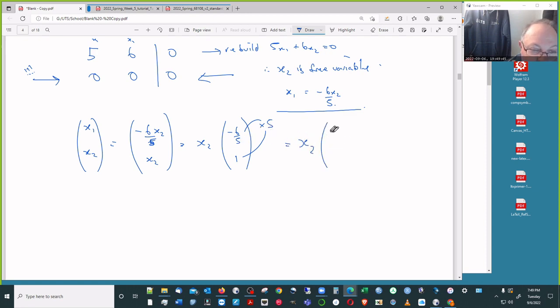Now the 5's will cancel up the top, and 5 1's are 5. So that's the equivalent whole number vector. Okay, so this is where we now do our signal interpretation. So we've got v is equal to minus 6, 5.